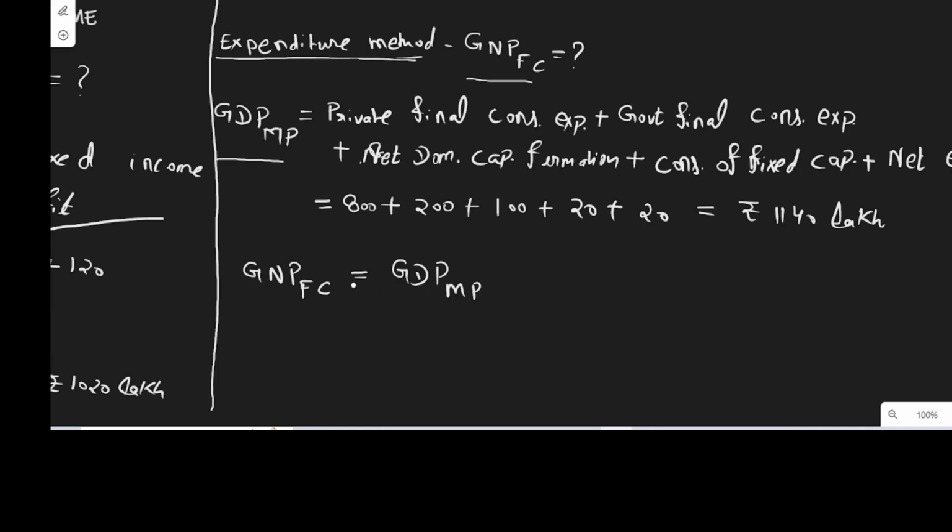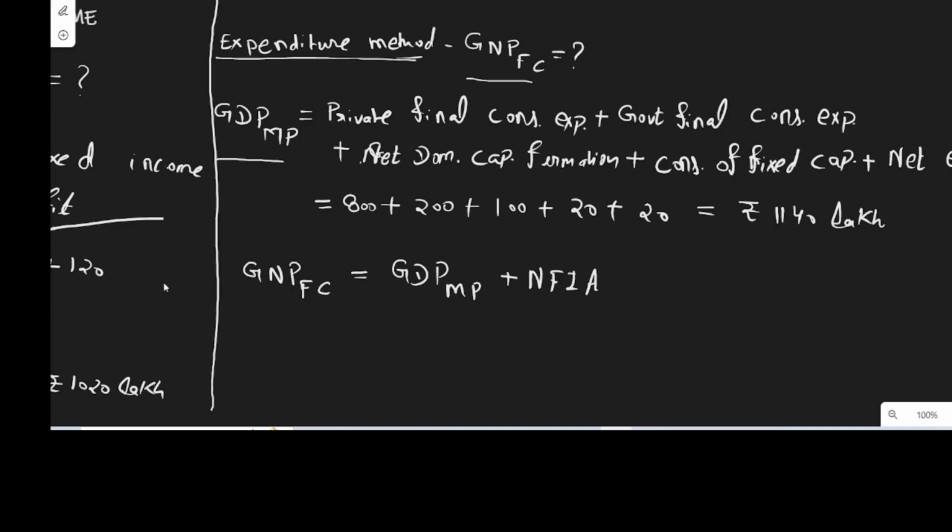Both are gross, no change required. Domestic to national, we need to add net factor income from abroad, which I'm writing as NFIA. Market to factor: market price includes net indirect taxes, and factor cost does not. If MP includes net indirect taxes, they are already here, which we don't need, so we will subtract net indirect taxes.